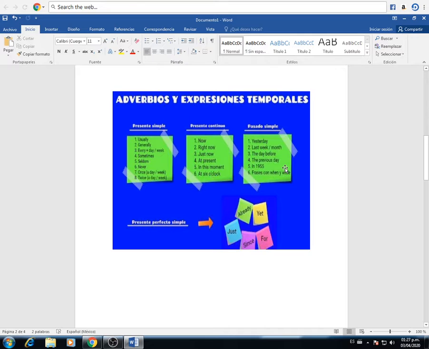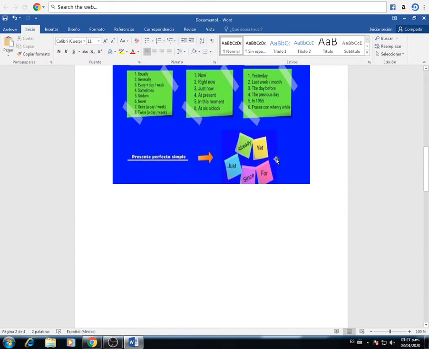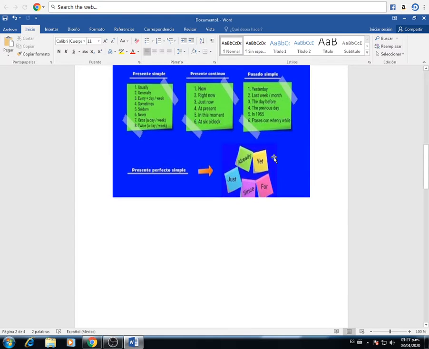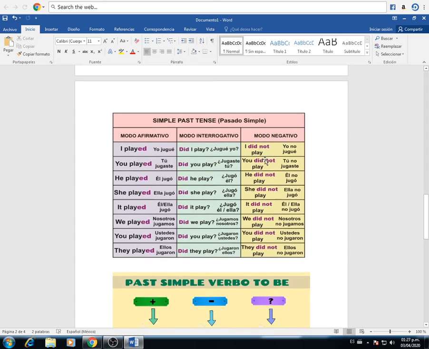Y el que estamos viendo ahorita, que es el pasado, nos vamos a encontrar con yesterday, last week or last month, the day before, the previous day, las fechas, in 1955, y frases con when y while, cuando y mientras. Este es para el pasado simple, algunas de las expresiones que utilizamos en pasado.